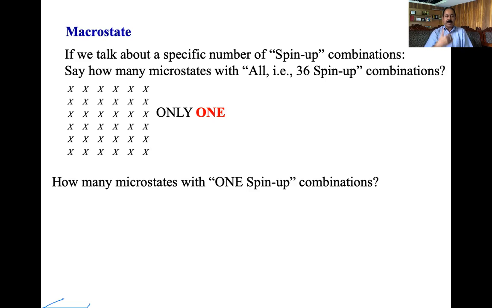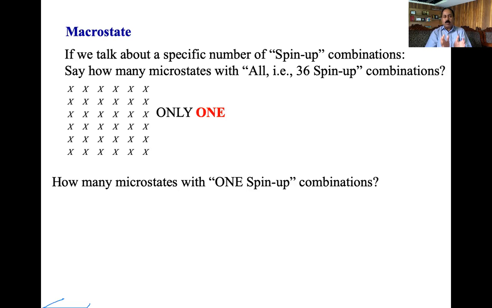So macrostate means the combination of all microstates which maintain a particular combination. Here the particular combination means that all spins will be in the up direction. So this is a particular configuration.